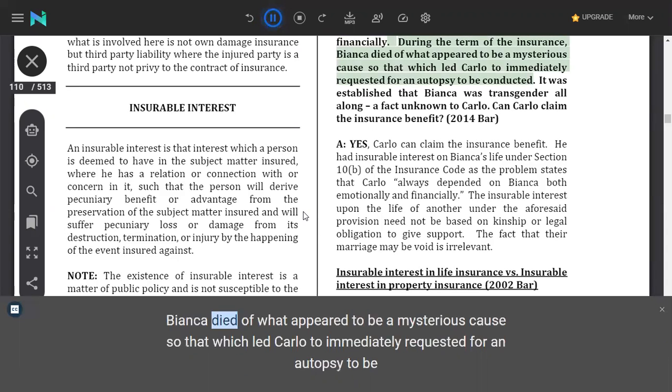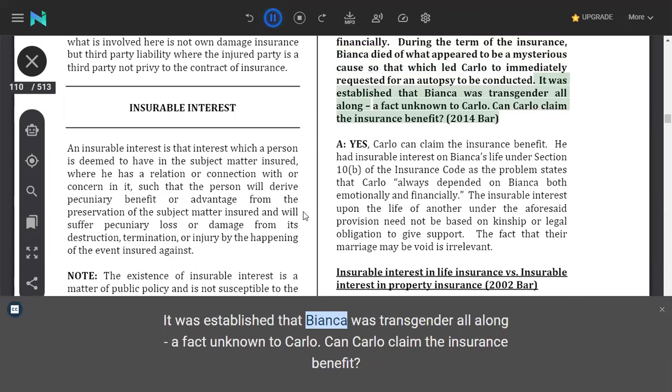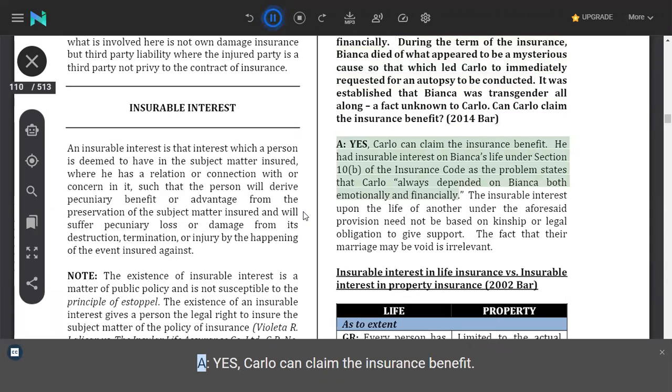During the term of the insurance, Bianca died of what appeared to be a mysterious cause, which led Carlo to immediately request an autopsy to be conducted. It was established that Bianca was transgender all along, a fact unknown to Carlo. Can Carlo claim the insurance benefit?